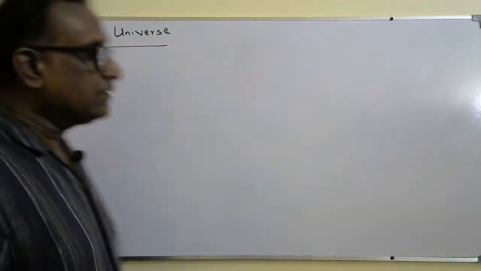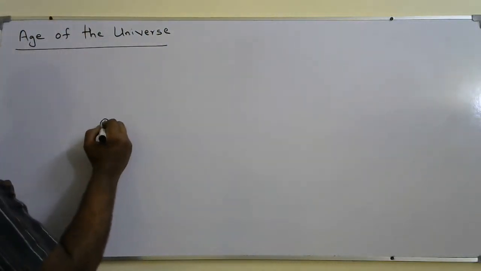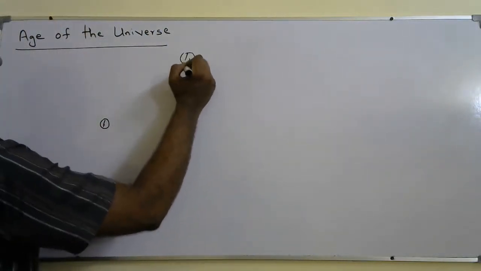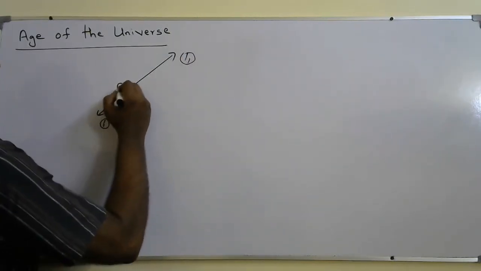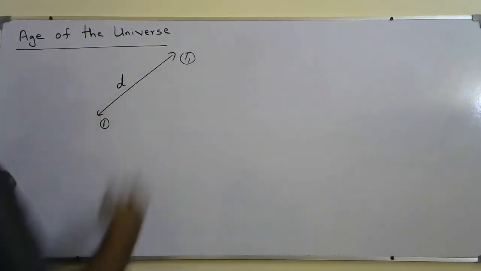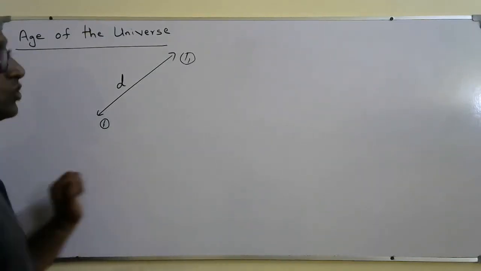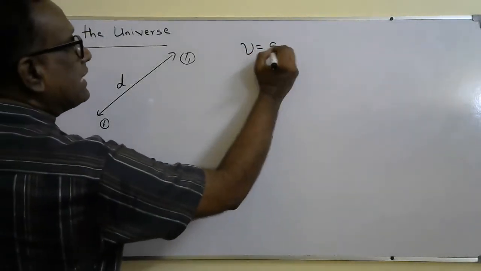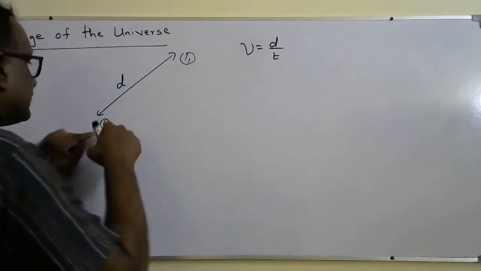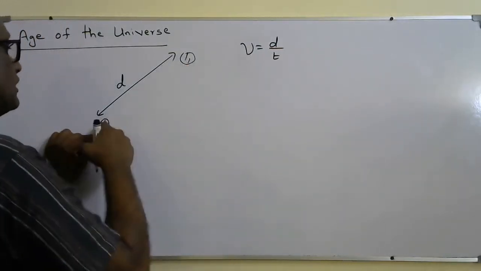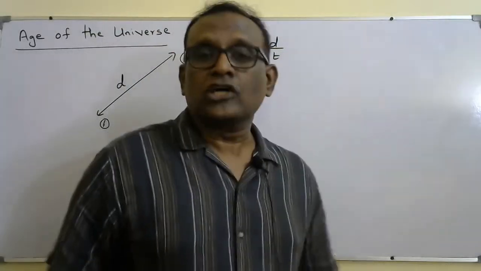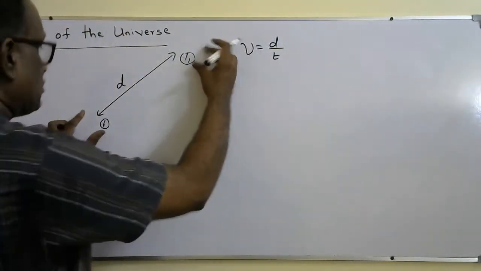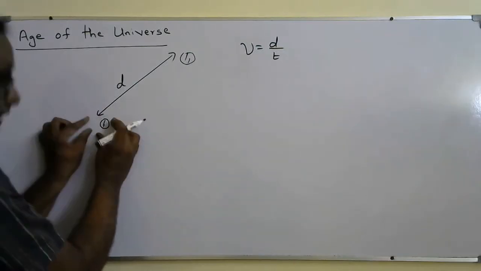Okay, so imagine we are here and there is a galaxy somewhere here, another galaxy. The distance it has moved is d, and we assume it's moving at constant speed. So we know that speed equals distance over time. The time taken by this galaxy to complete this distance is the age of the universe, because we assume all these galaxies were together with us.